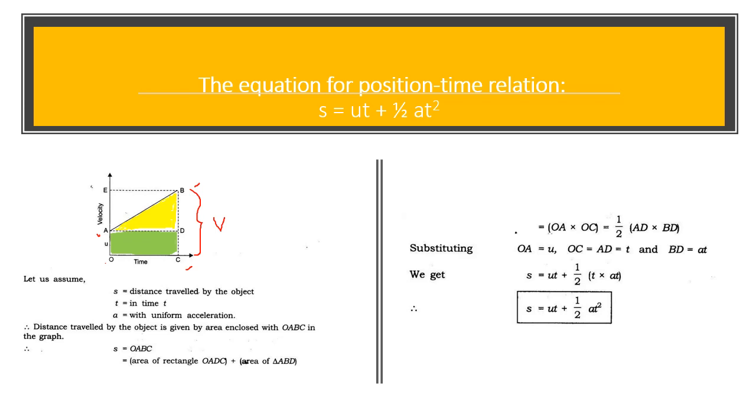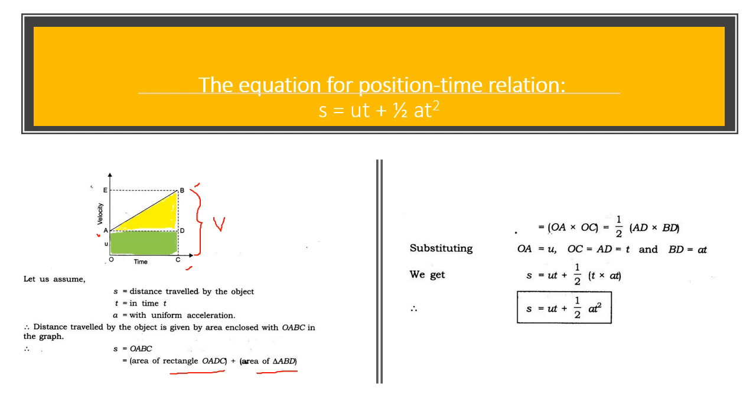Area of this OABC, the trapezium, is nothing but area of rectangle OADC and area of triangle ABD. You have two different shapes here. One is rectangle, another is triangle. Combination of these two shapes is nothing but trapezium. So what is the area formula for rectangle?